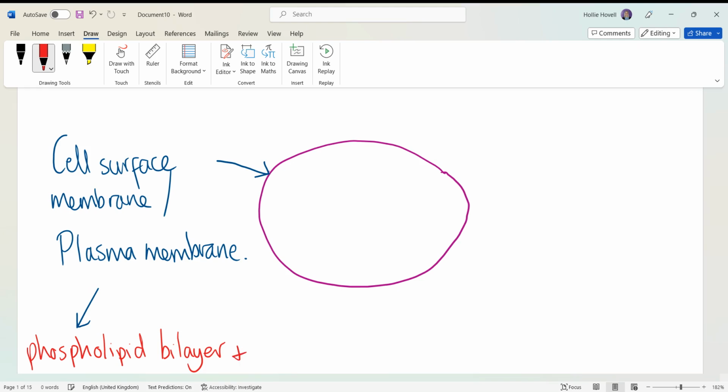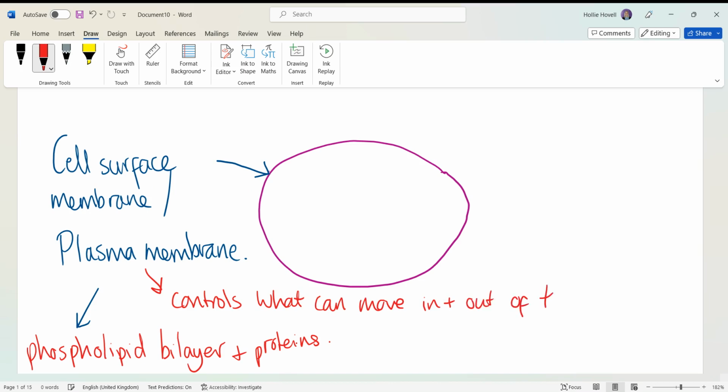It's got proteins embedded in that layer. And the job of that, the function of it, is that it controls what can move in and out of the cell.